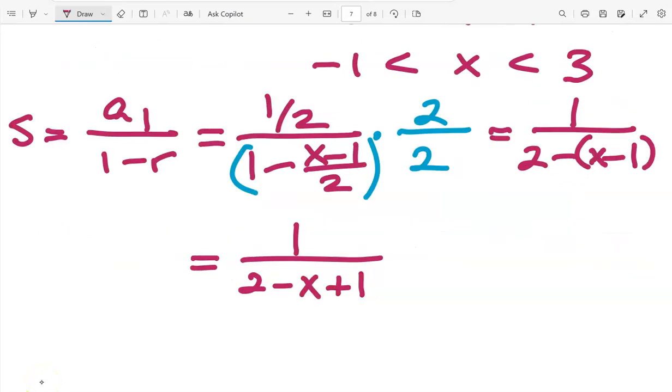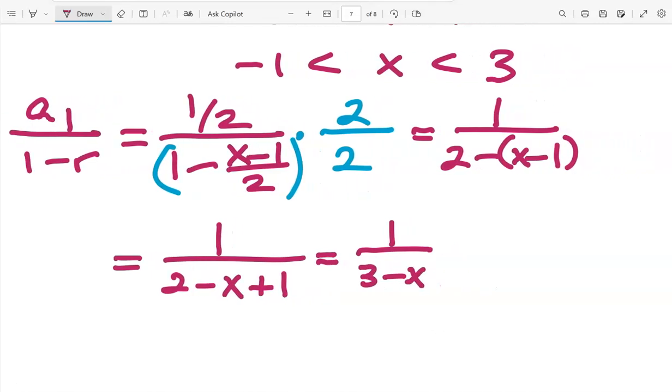Simplifying the denominator, we get 1 divided by 2 minus x plus 1. And further simplifying, that's 1 over 3 minus x. And that is the sum of this series for any x values that fall between negative 1 and positive 3.